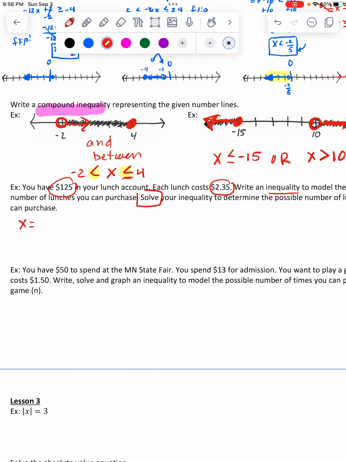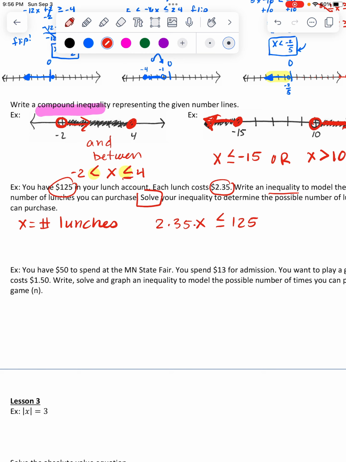So X is representing the number of lunches, basically, that you have enough money to buy. So it's $2.35 per lunch, so times every lunch you buy. And you have to stay less than or equal to the money you have, which is $125 in your account.